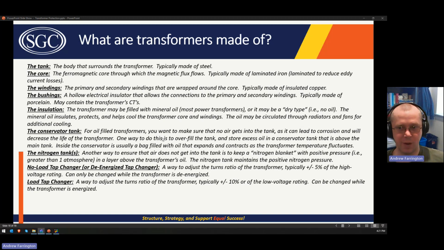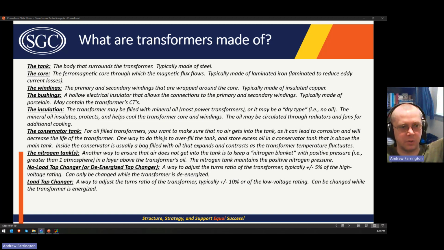So there are two primary ways of keeping the transformer tank completely free of air. One is a conservator tank. The tank will actually sit above the transformer and be connected via one or two pipes down to the main tank, and you'll actually overfill the transformer with oil such that some of the conservator tank is filled with oil.